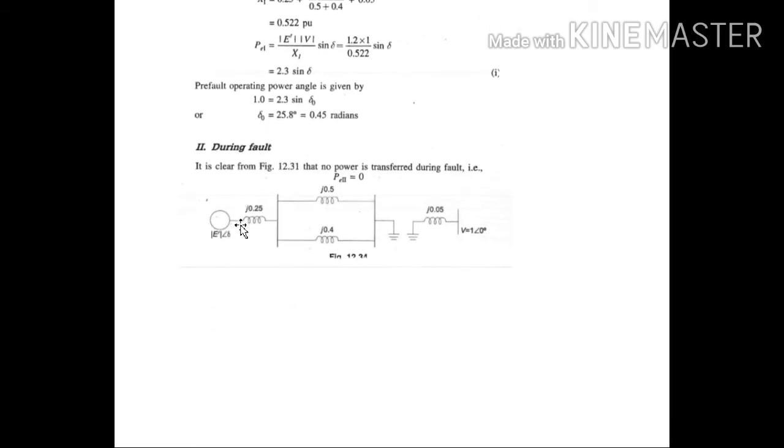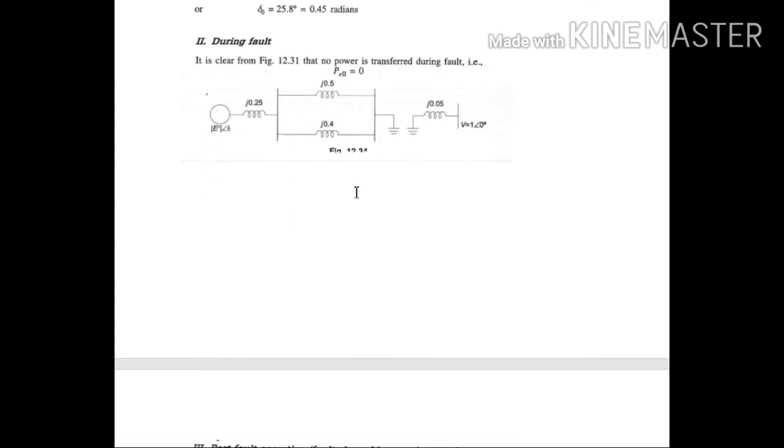Then during fault condition, now the fault has occurred at the end of the transmission line, therefore two circuits are broken up and there is no continuous flow of power. Therefore, the power transmission during the fault is obviously 0. So PE2 is equal to 0.